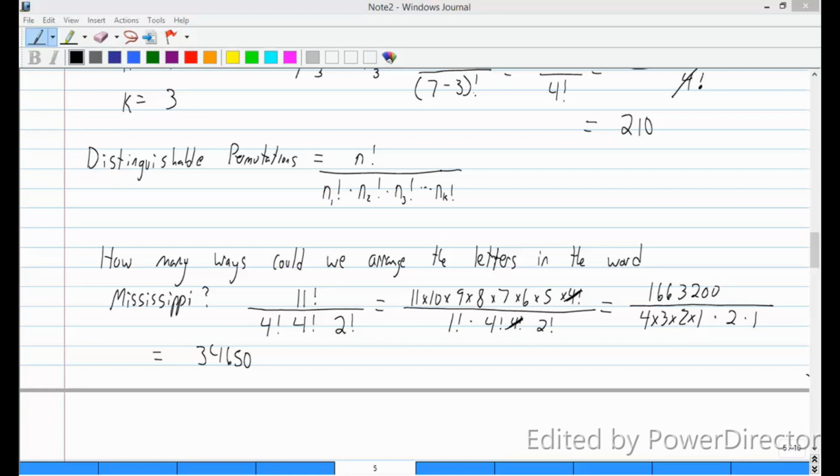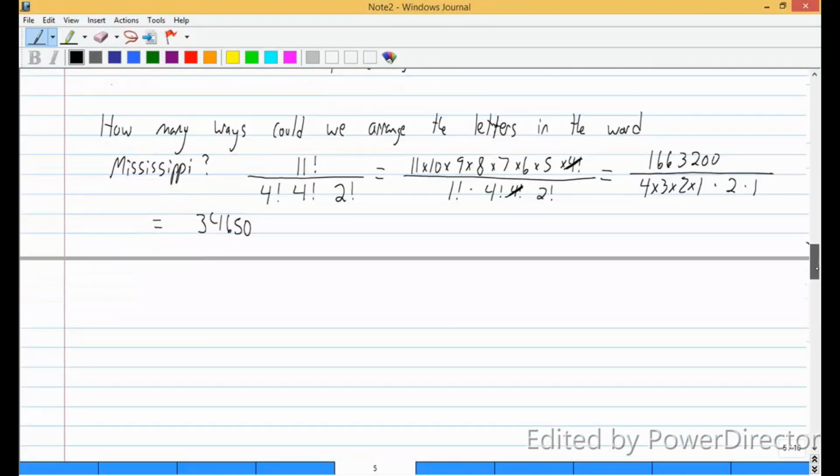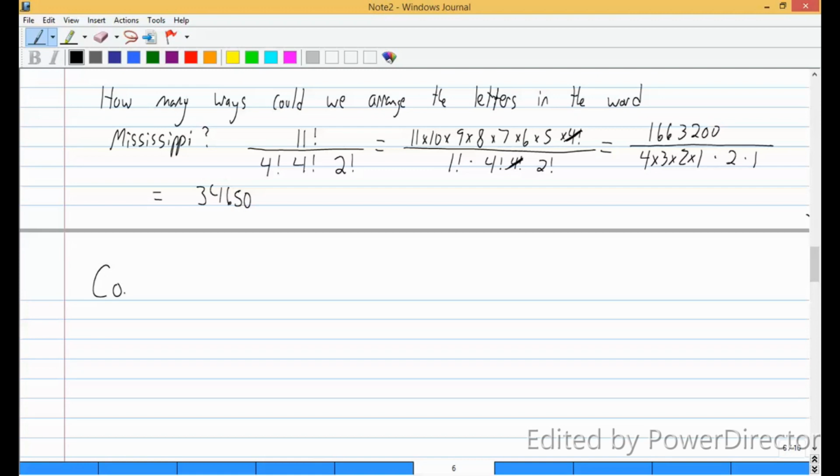Now, another type of counting is combinations. So we looked at a type of problem where order mattered.